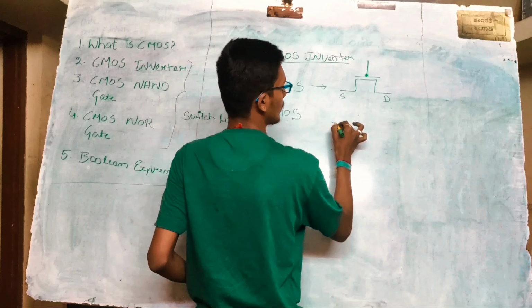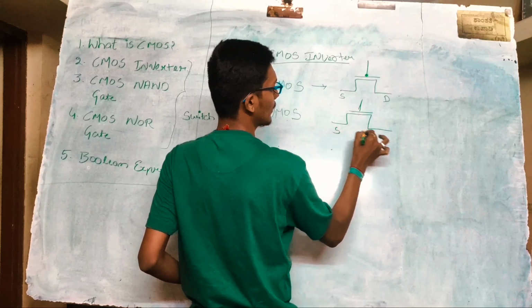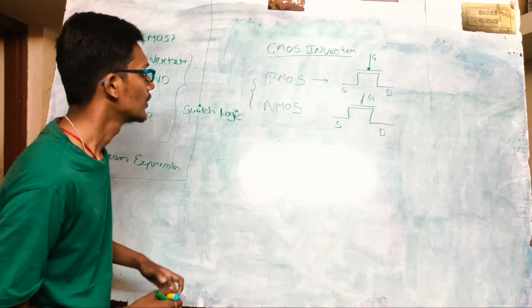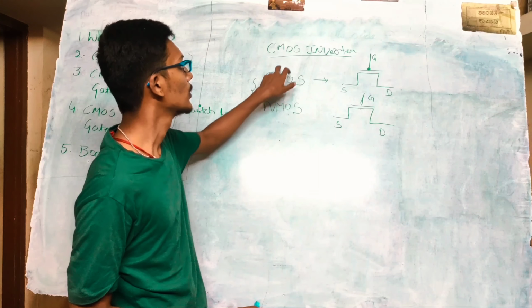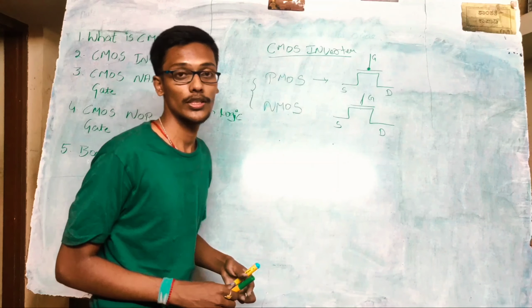The NMOS symbol will be the same as that of PMOS without a bubble. We'll have source, drain and a gate terminal. With this PMOS and NMOS, we'll implement a CMOS VLSI circuit. So let's see how a CMOS inverter is implemented.